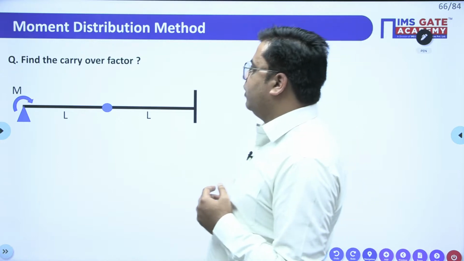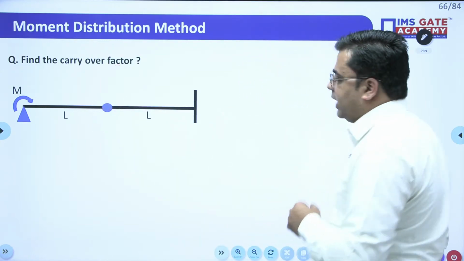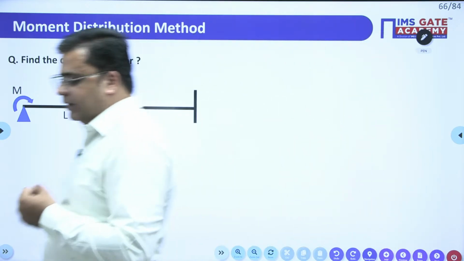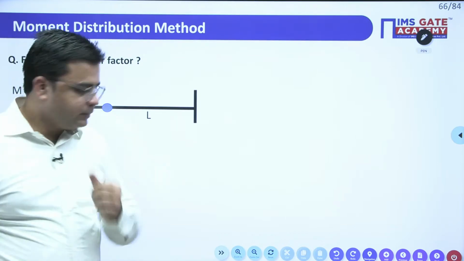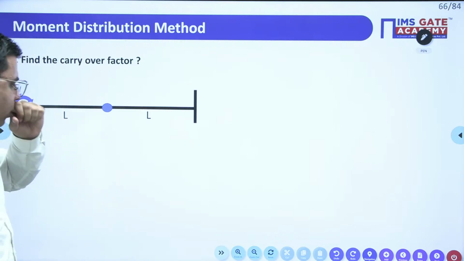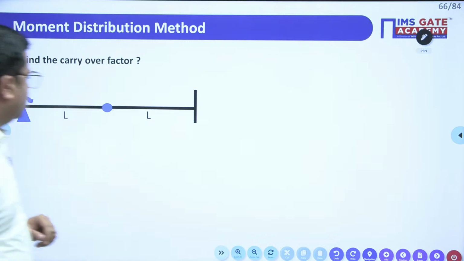Find the carryover factor for this beam. Please try this question. Quickly try this question. Okay.